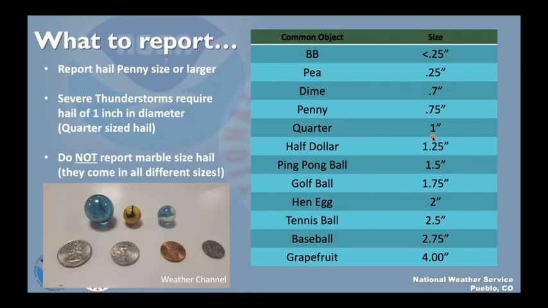Just relay them to us as common objects, pennies up to grapefruits. Hopefully it's not a grapefruit, but these are what we want them to be compared to. This one, hen egg, I don't know about that one. I've seen various amounts of egg sizes in my day. So just say 2-inch hail if you get that.